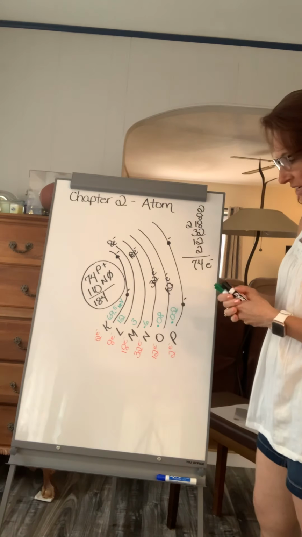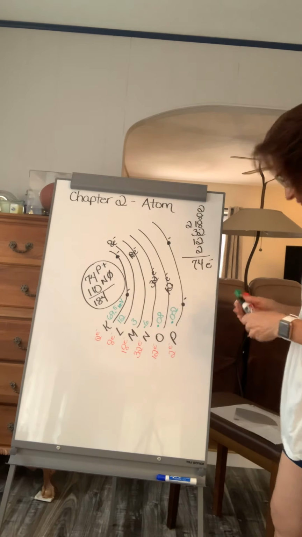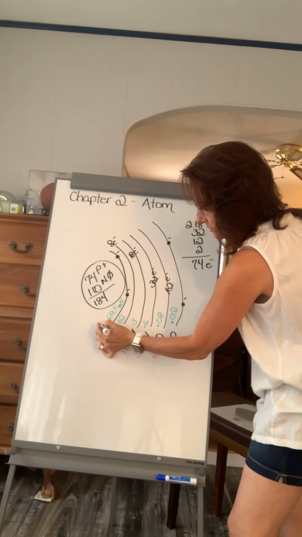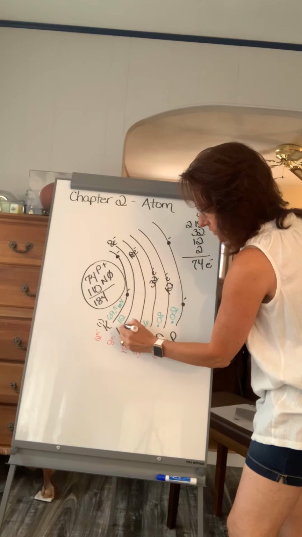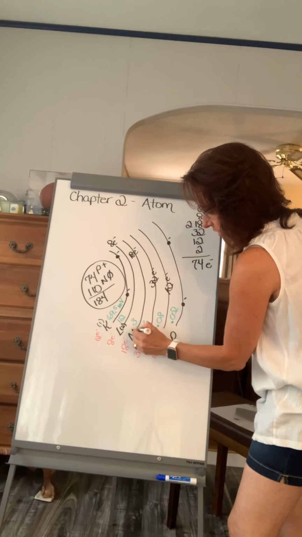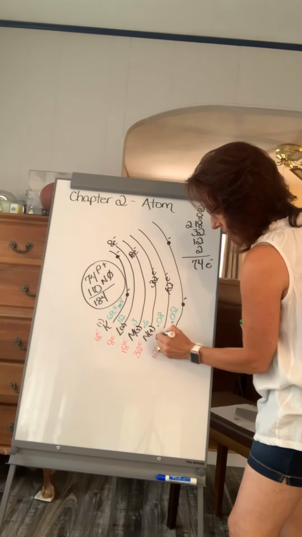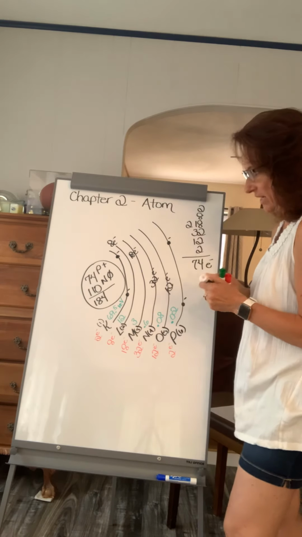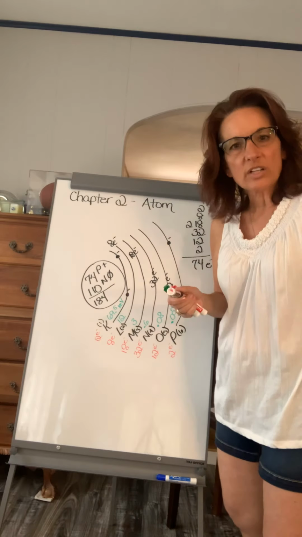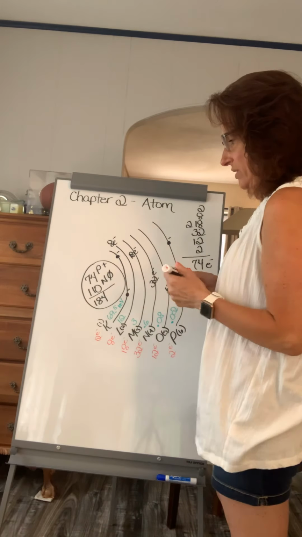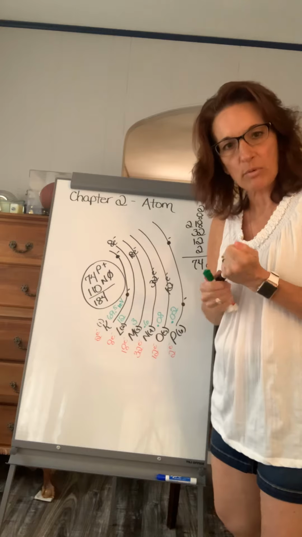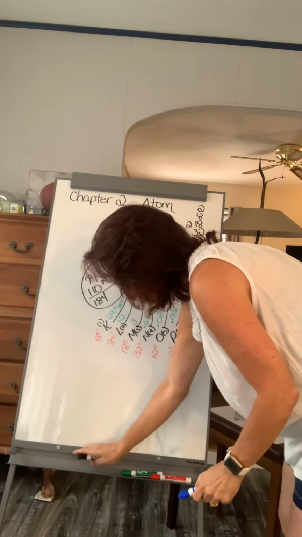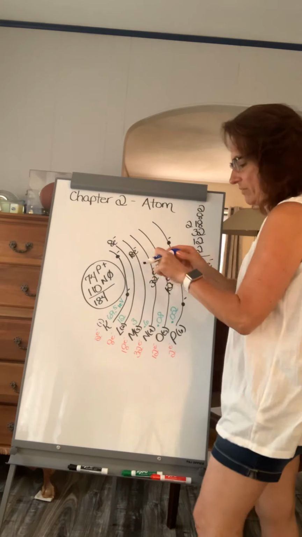The only other thing is when we talk about these shell levels, K is shell level 1, L is 2, M is 3, N is 4, O is 5, P is 6. Now why did I do that? Because one other thing we talked about in chapter 2 is you can always state the maximum number of electrons that a given shell can hold by using the formula 2n squared.